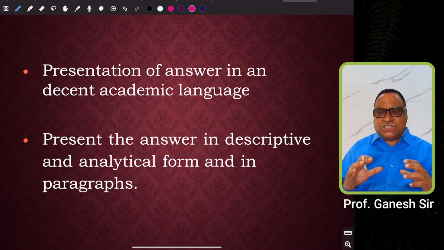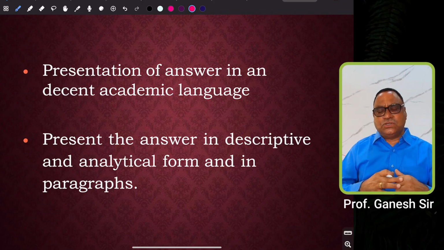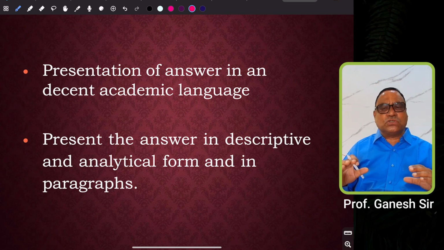No, every question demands certain descriptive analysis. So my suggestion is that a student is supposed to present the answer in a descriptive way, in an analytical way, and that should be presented in the form of small paragraphs.